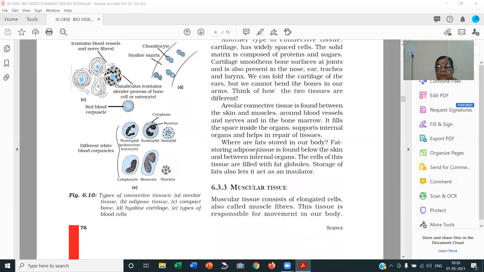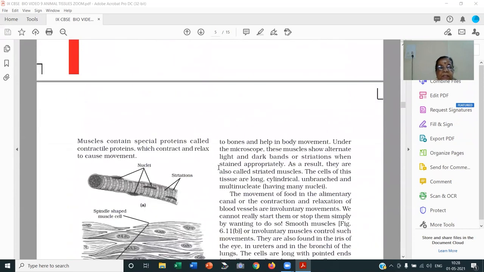And the tissue is responsible for the movement in our body. Muscles contain special proteins called contractile proteins, actin and myosin, which contract and relax to cause movement.